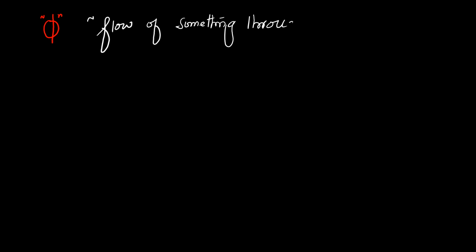In physics, the word flux is represented by the Greek letter phi. So if I define flux in general, flux is the flow of something through a surface in a given amount of time.